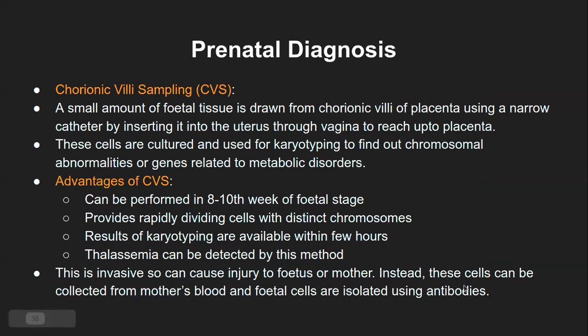For example, you take the blood from the mother's body and identify the fetal cells using specific antibodies which are unique to the fetus. There are certain proteins which are expressed only during the embryonic stage. The mother is surely not at the embryonic stage. So whatever cells found in the mother's blood are of the embryonic stage, they will be of the fetus and they can be isolated using different techniques.